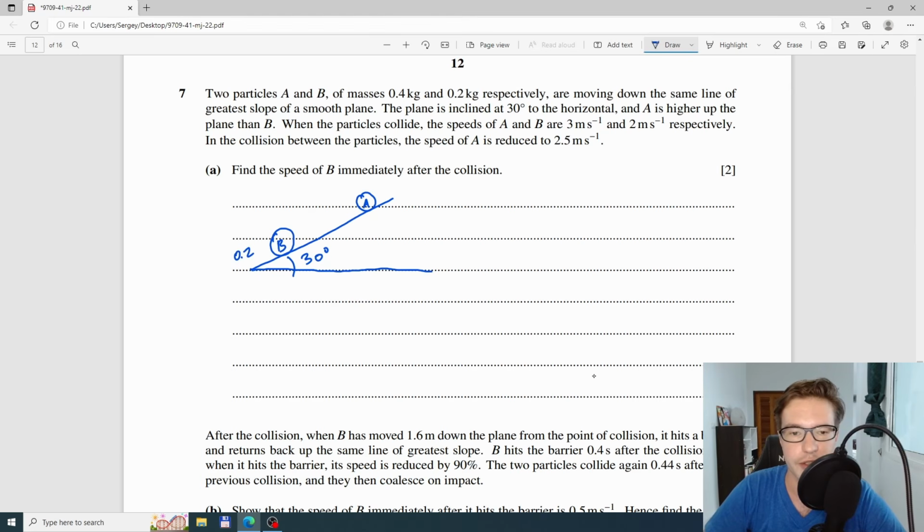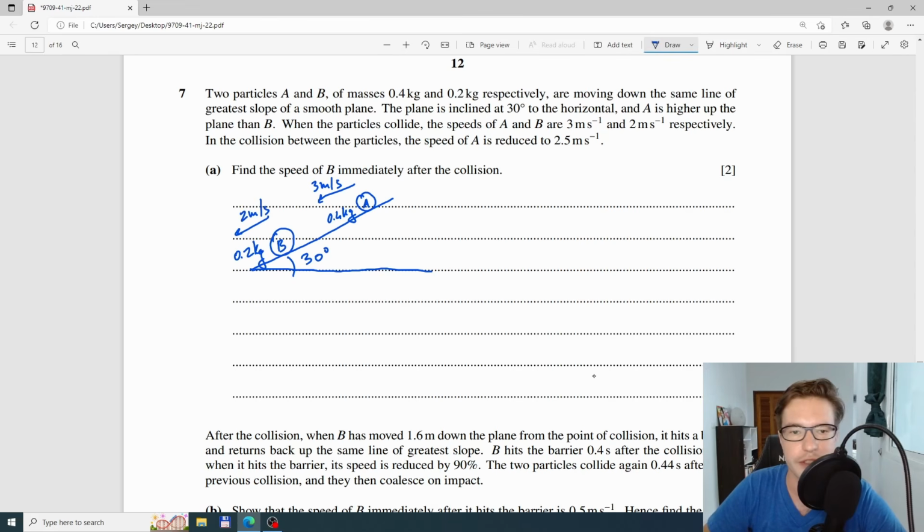Particle A is 0.4. Now those particles are going to collide with the speeds of A being 3 meters per second, particle B 2 meters per second.